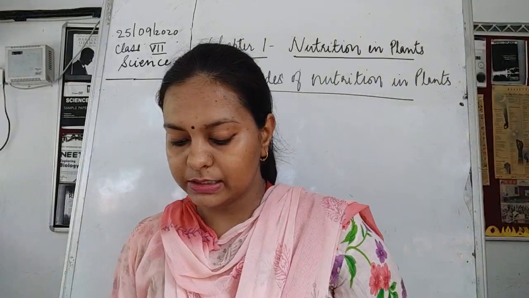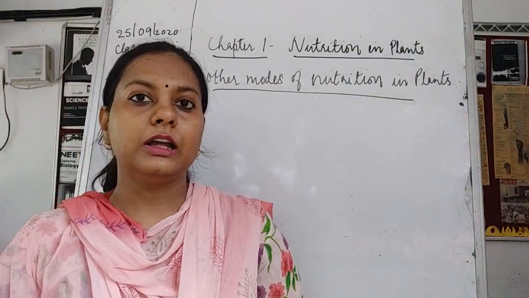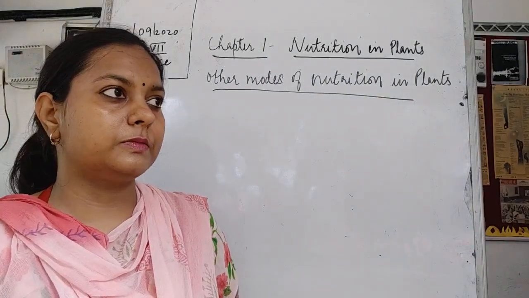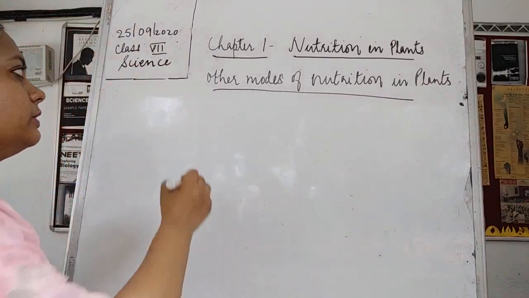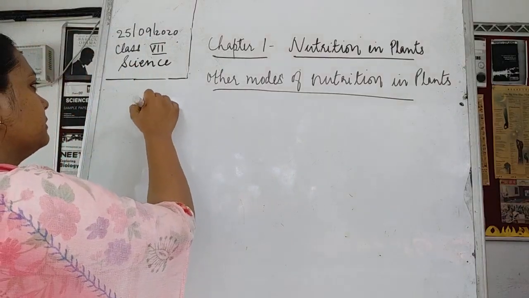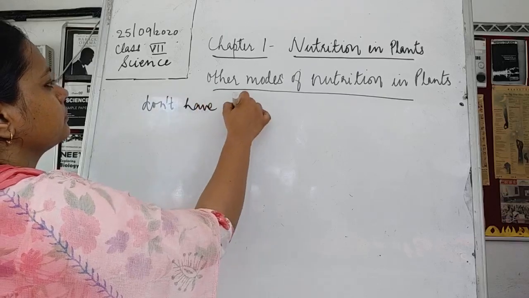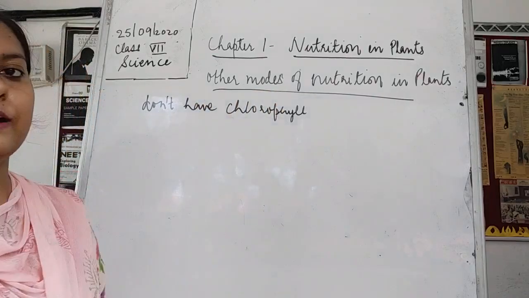There are some plants which do not have chlorophyll. As I told you, these are the non-green plants, children. How are they going to photosynthesize if they do not have chlorophyll?